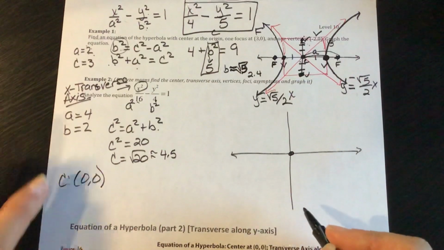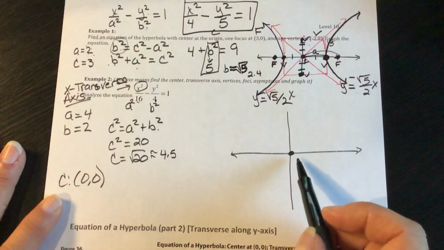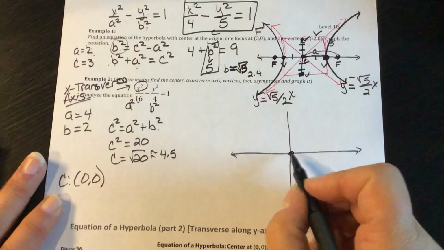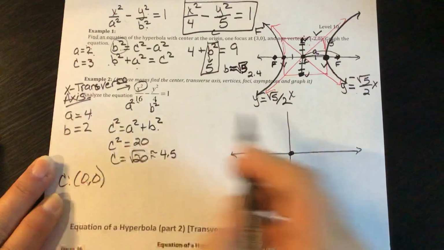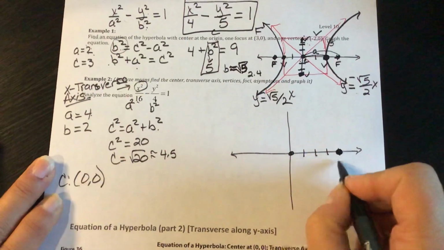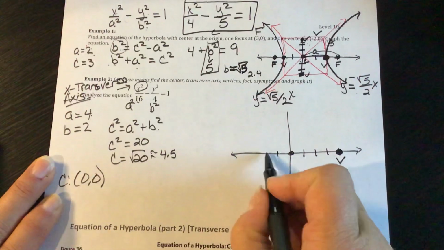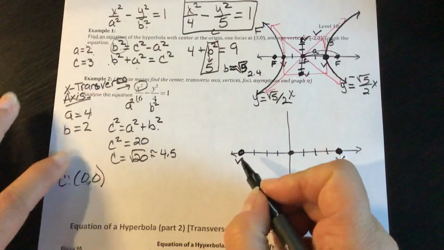In the next lesson we'll look at transformations where the center isn't at the origin. So I have the center at the origin. My a value along the transverse axis is 4. 1, 2, 3, 4. And that's a vertex. And I have one in the opposite direction.